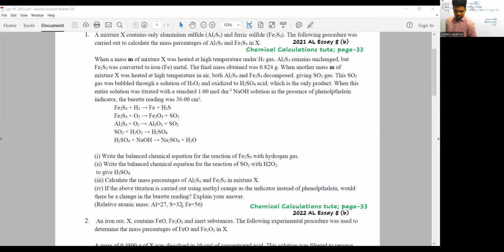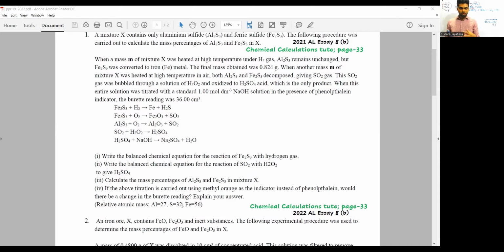Right, so that's it for the first part. We got one equation. Now our task is to find another equation. Let's see how to do that. It says another mass M of the mixture X was heated at high temperature in air. Air contains several gases, no?